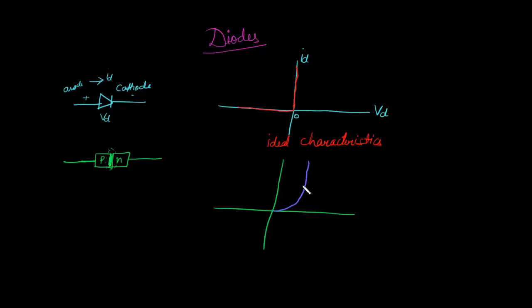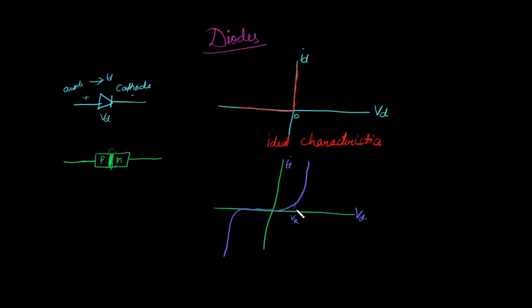In the forward region it is like this, with positive voltage, and for negative voltage it's like this. This is ID and this is VD. In a practical diode, when the voltage increases up to a certain voltage called the knee voltage, the current increases slowly.